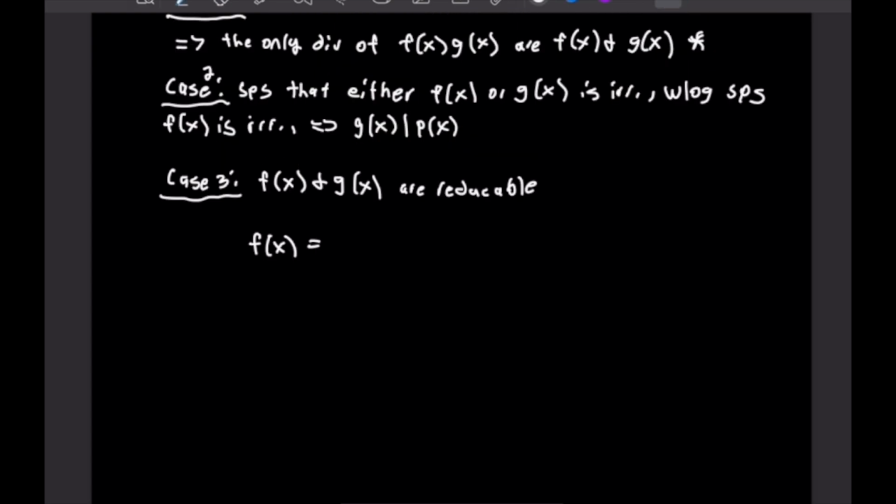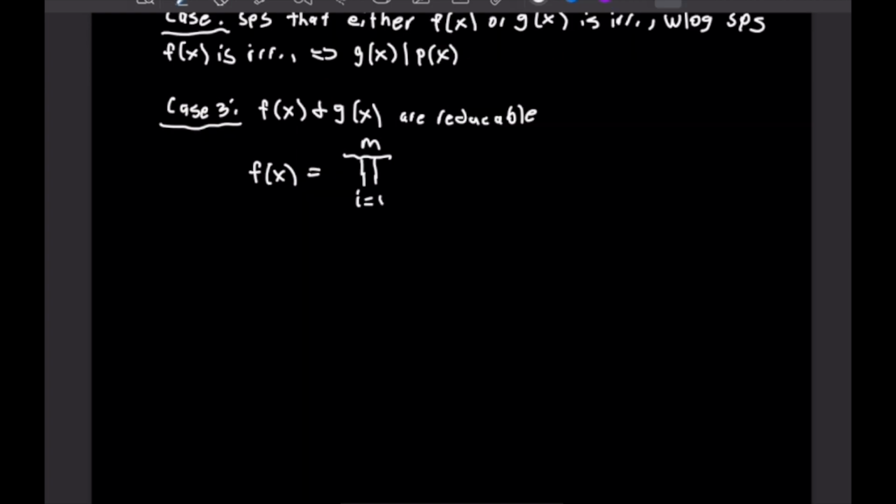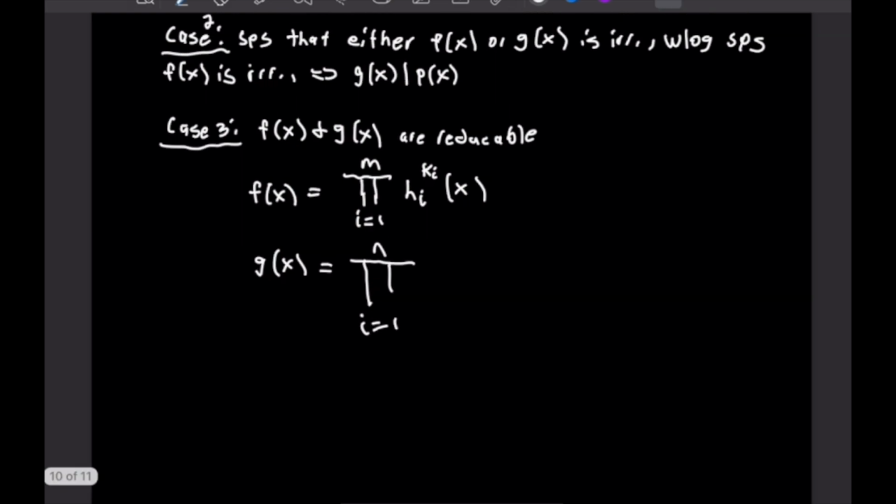We can write it as the product from 1 to m, and let's express those factors as h sub i to the k sub i of x. And similarly for g of x, we can write it as a product as well. And we'll take that as the product from 1 to n of, let's just call them q sub i to the l sub i of x.